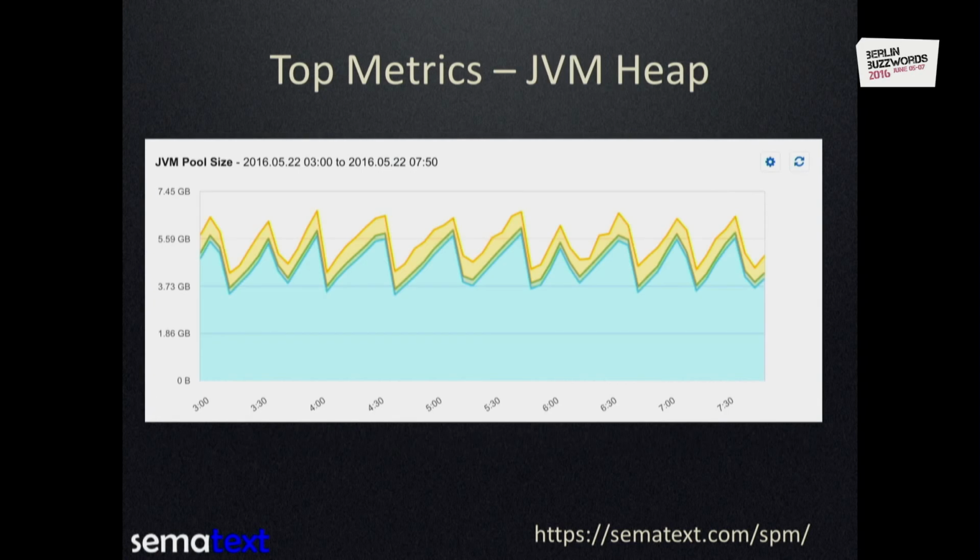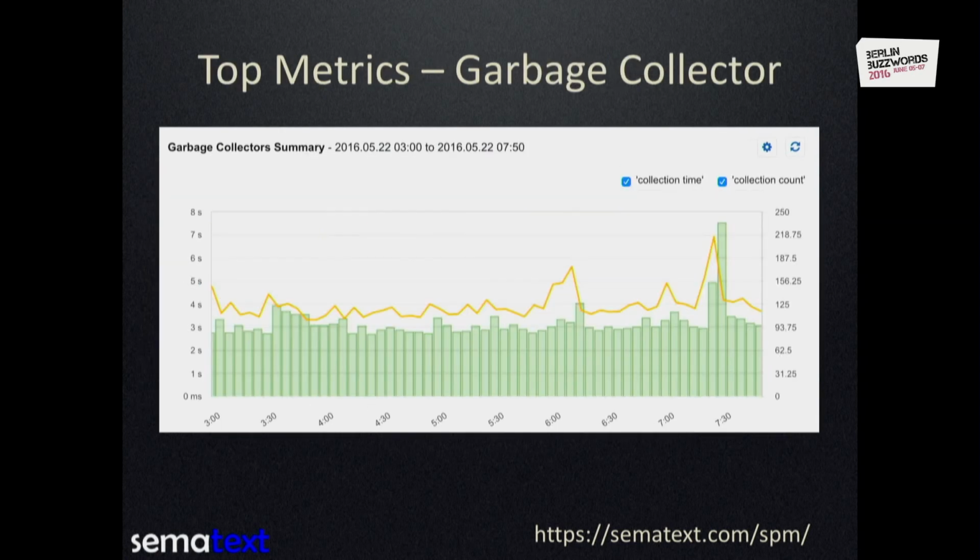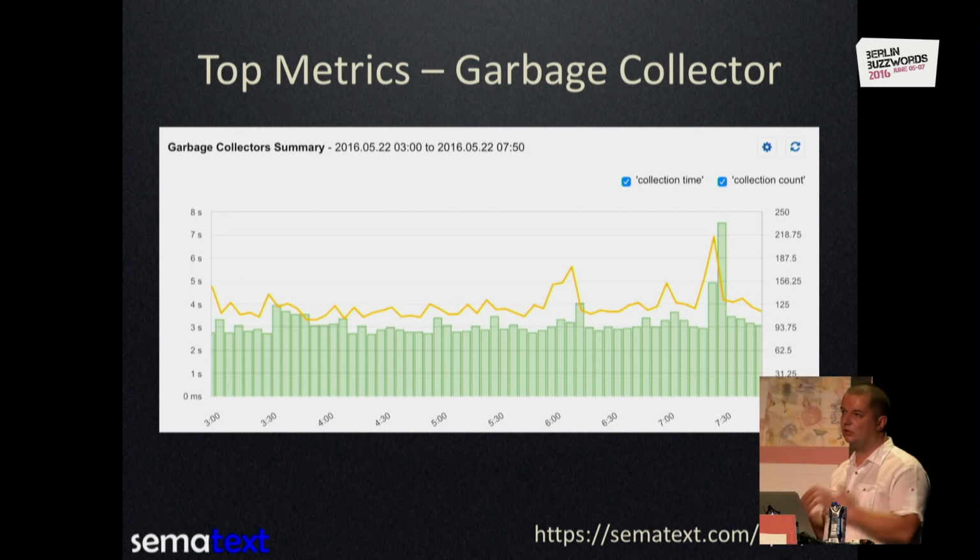Then the JVM heap and the garbage collection statistics allow us to see what's there in the memory of our JVMs and how the heap is actually being cleared up and how garbage collection works. Usually you want fast but often garbage collections instead of one but longer, which can lead up to the Stop the World GC event.